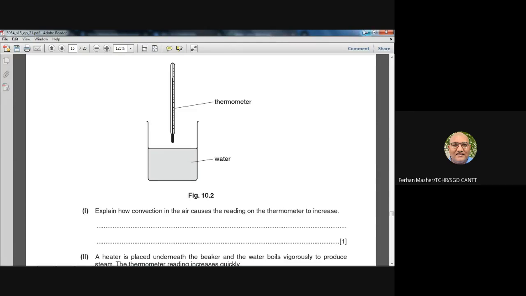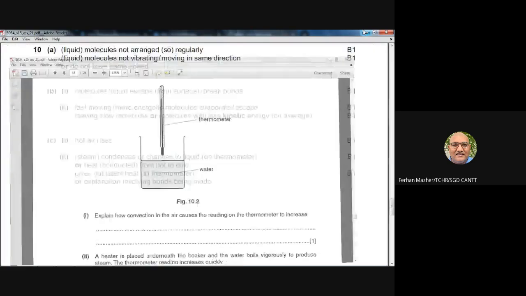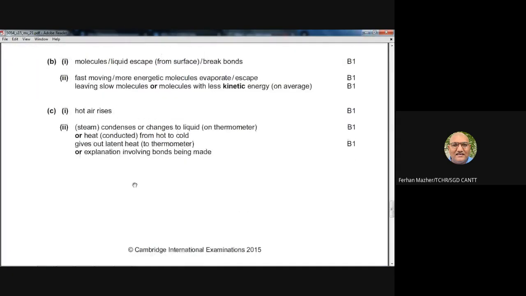Let me check the answer. It's a 1 mark question. He says hot air rises. He just wrote hot air rises. So kindly, Muskan, write your answer. 1 mark question. Okay, sir.